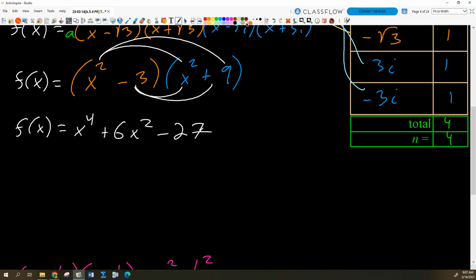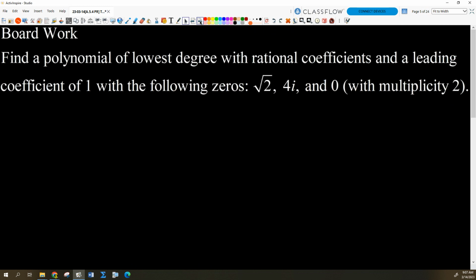How about that? Okay. All right, let's try a little board work. This is good board work stuff. So go to the board and try this one. Find the polynomial of lowest degree with rational coefficients. We'll make things simple and say the leading coefficient is 1, and it's got to have those 3 zeros.